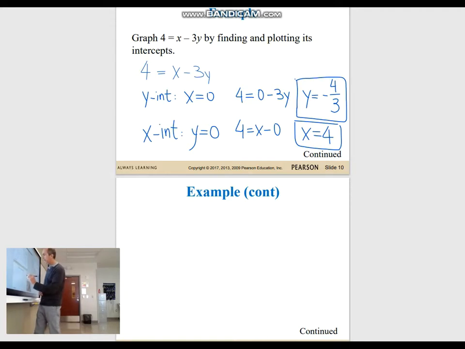So for example, we can make x equals 1, and then you're going to find the third point. Plug into the equation 4 equals 1 minus 3y, and then after you do the addition property, multiplication property, you're going to have y equals negative 1.